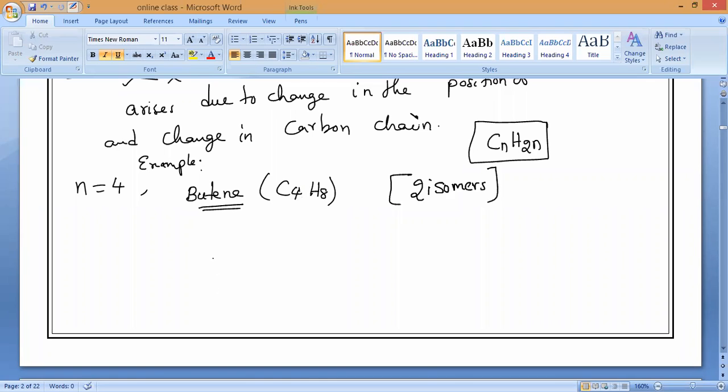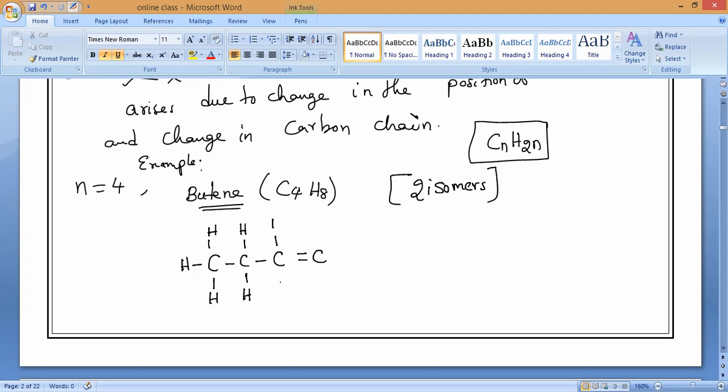What is the general structure? C single bond C single bond C double bond C. This is the first structure which we already know. So first carbon, how many hydrogens will come? 3 hydrogens. You must involve and you should answer. Second carbon, 2 hydrogens.